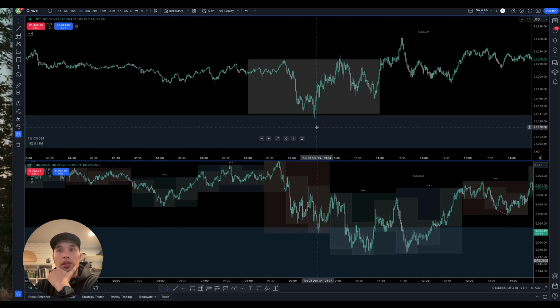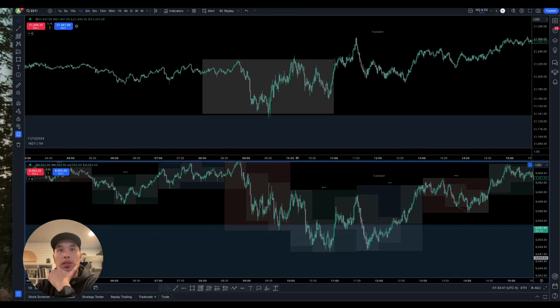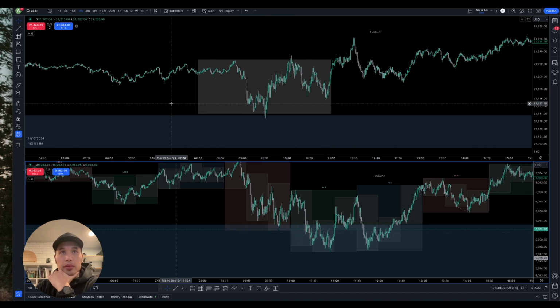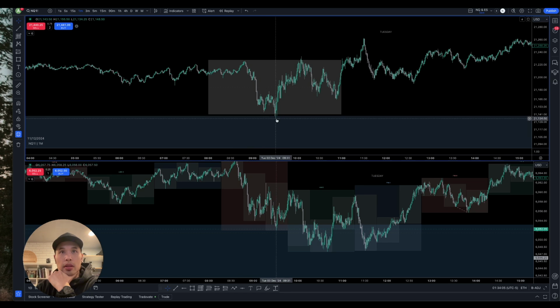Okay, yeah. So in this huge SMT, ES digs in and makes the low. NQ hits the low at 9:30. ES hits this BISI at about 9:46. So that's just a different type of SMT, but anyways, there's definitely SMT there. ES continues to drop lower while NQ pushes higher.